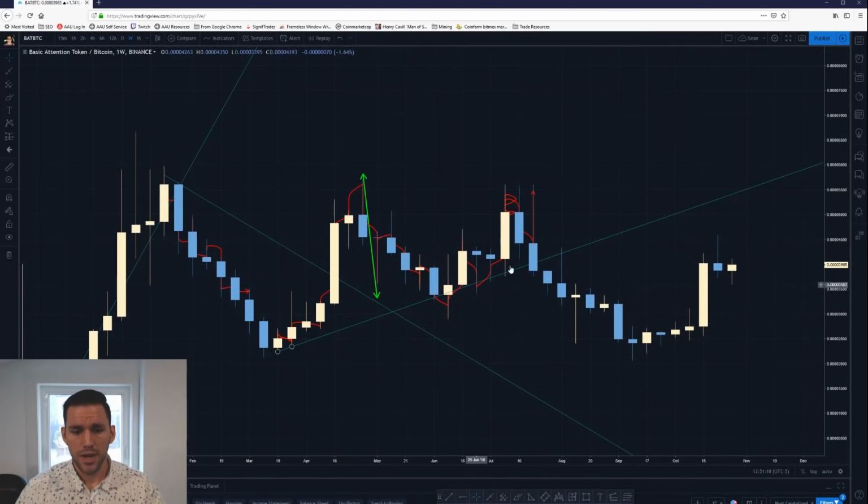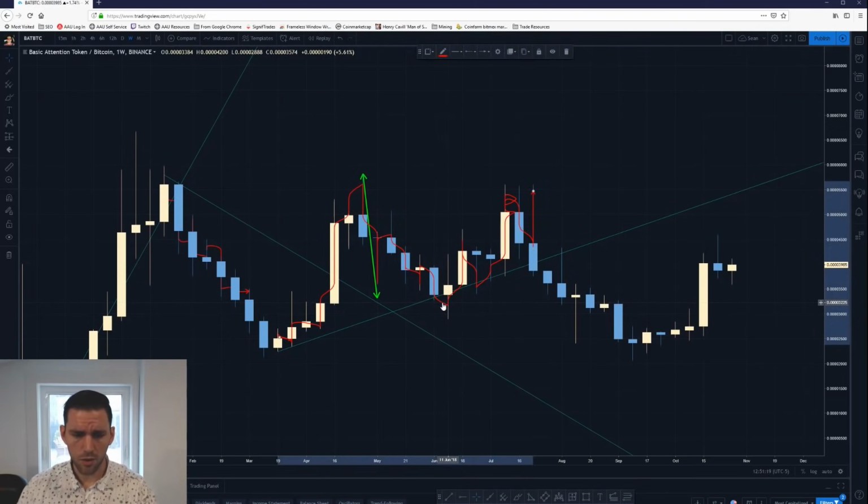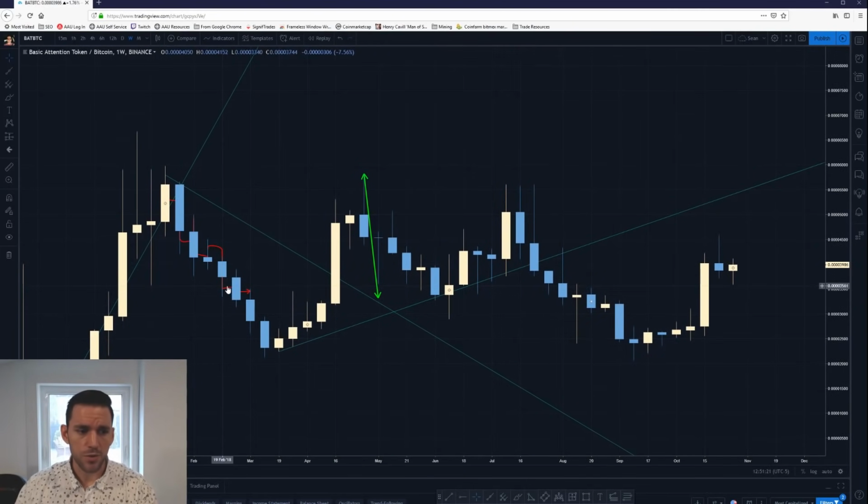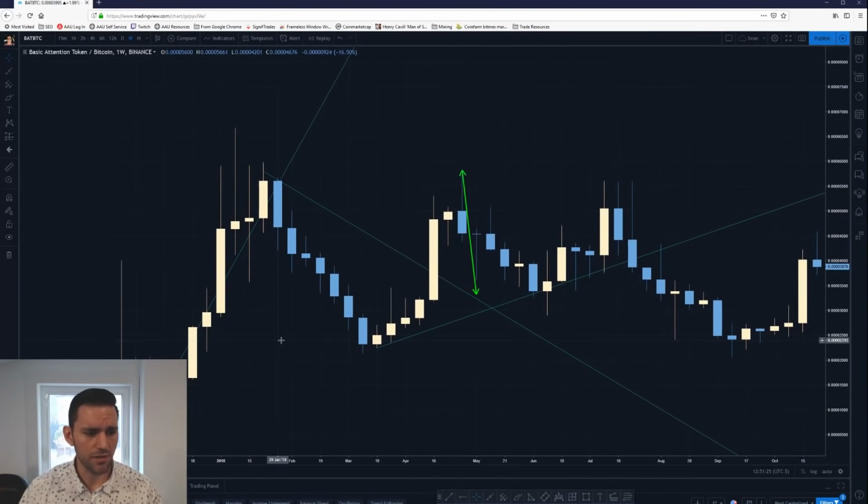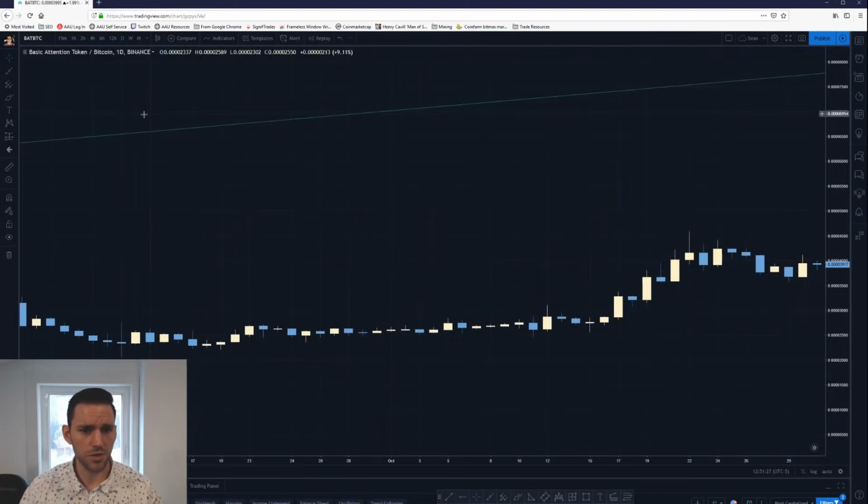And then until this point right here, and it did stay above this trend line on a weekly chart. So you can see how time frames will play an important role in identifying some of this stuff. And sometimes it's daily, sometimes it's weekly.